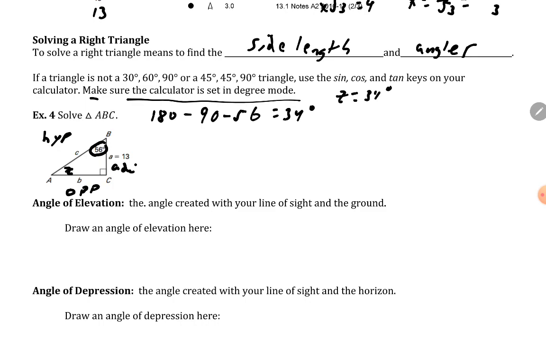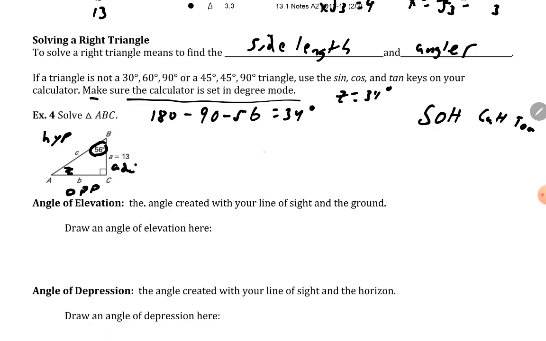So, using SOHCAHTOA, we're going to look for one of these that will help us find our missing side lengths. Sine, for example, is opposite over hypotenuse, so that's B over C. Since we don't know either of those, that can't help us. So we need to use something that we do know, which is the adjacent side.